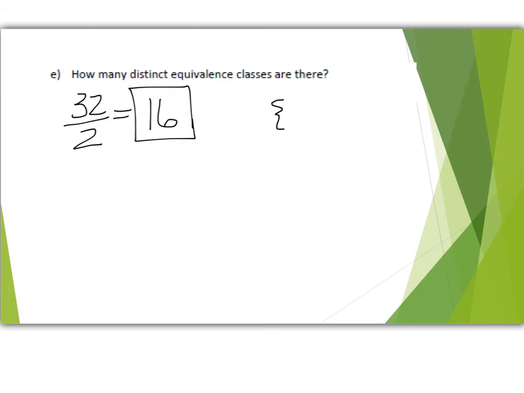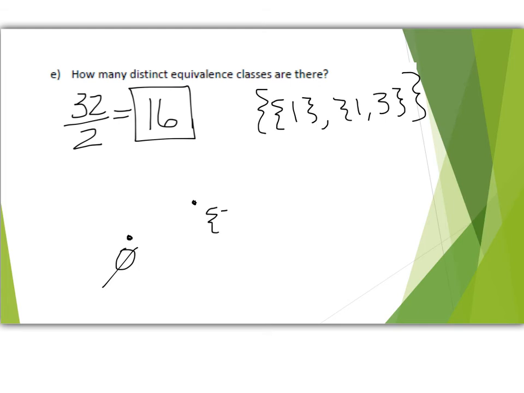And I'll just give you some examples now. I'd have the set containing 1 and the set containing 1, 3. Those would be an equivalence class. Another way to think about it is, of course, to think about the digraph. And on the digraph, for example, the empty set and the set that contains just 3 are going to be related to each other in the digraph.